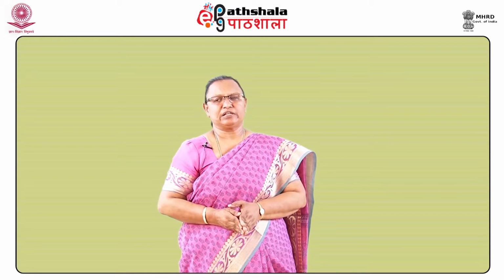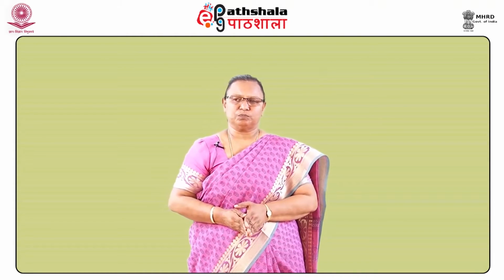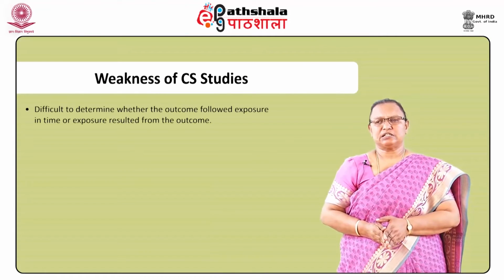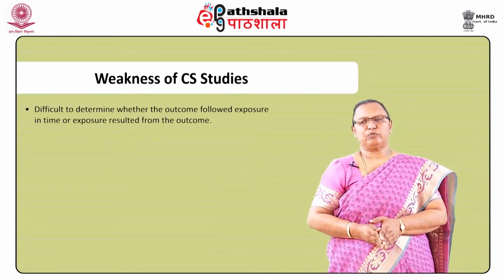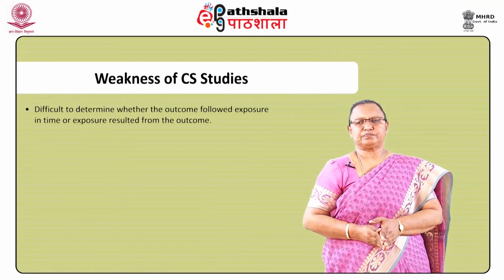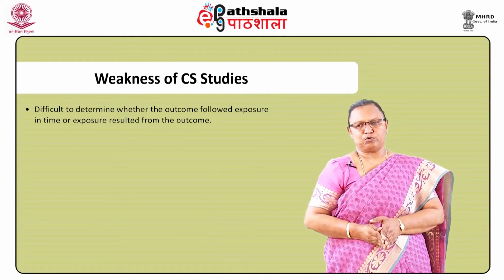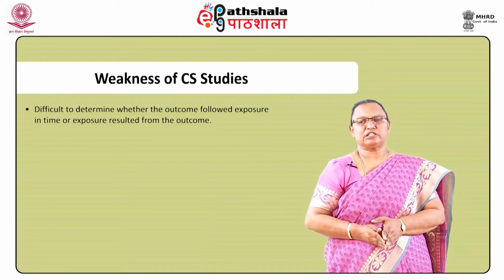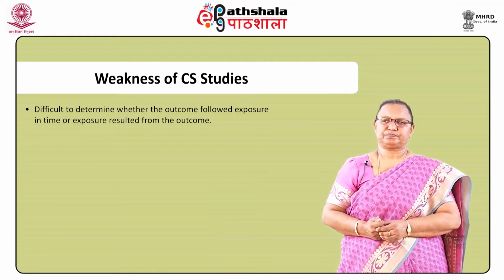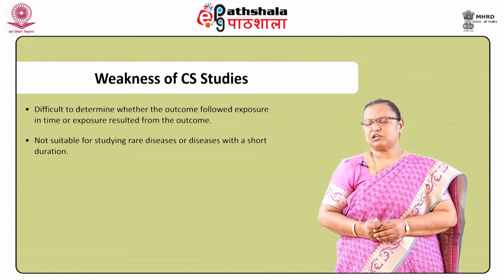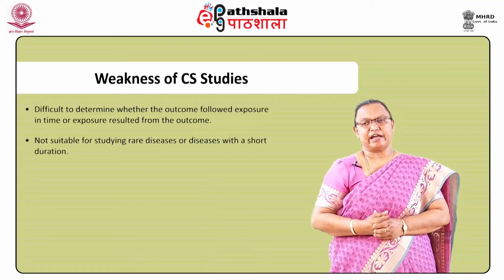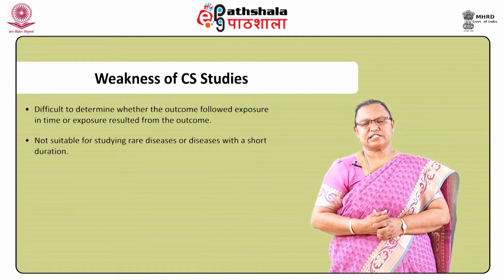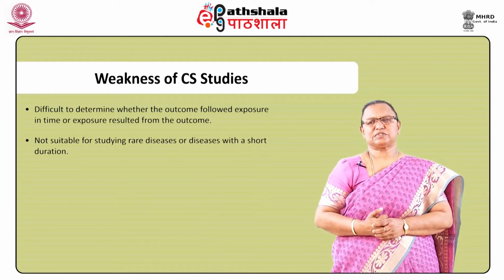Now, though cross-sectional studies have so many strengths, there are some weaknesses which we should also know. It is difficult to determine whether the outcome followed the exposure in time or exposure resulted from the outcome. They are not suitable for studying rare diseases or diseases with a short duration.